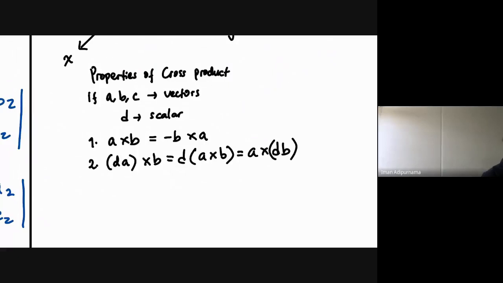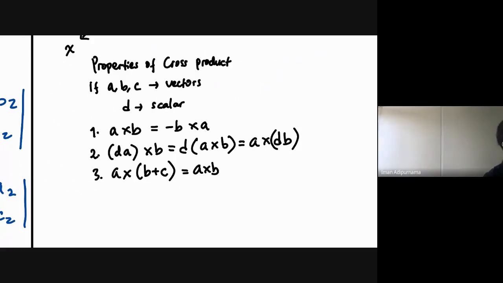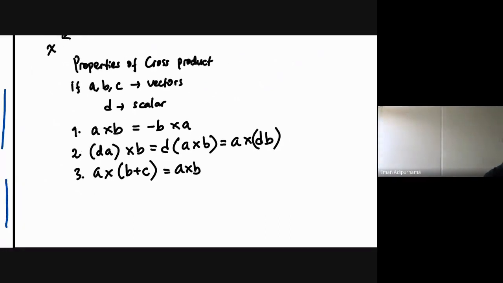So basically it's like a multiplication with some set of orders. It's similar to regular multiplication operations, but it has some order.